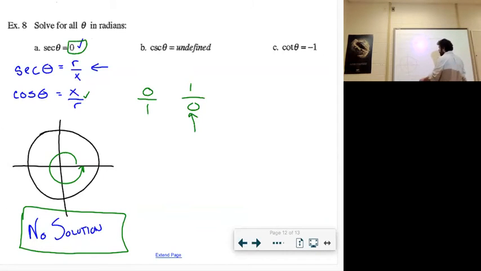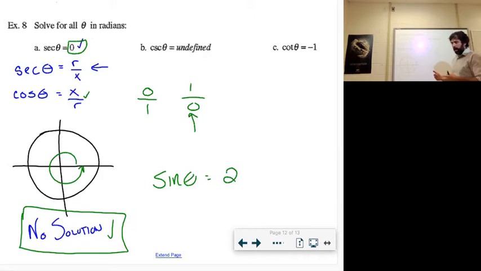It's just not possible. It's not the same as, but similar to when you had that review question where sine theta is equal to 2. That's not possible because the sine function is defined for all values around the circle between negative 1 and positive 1.